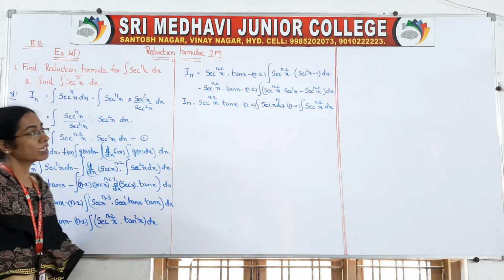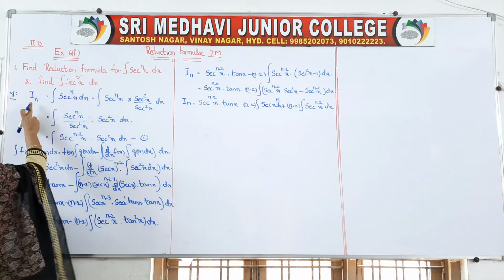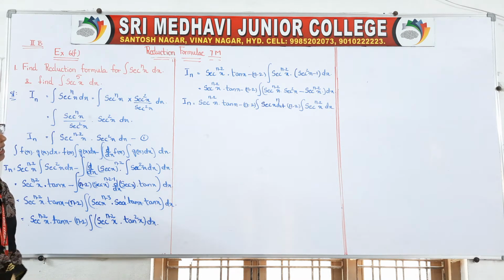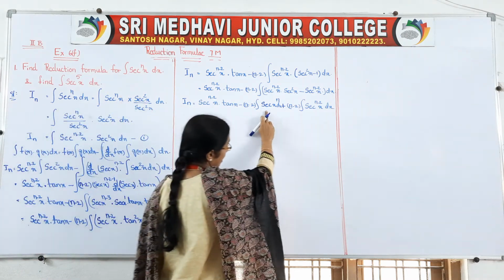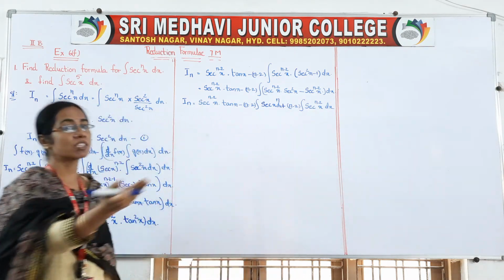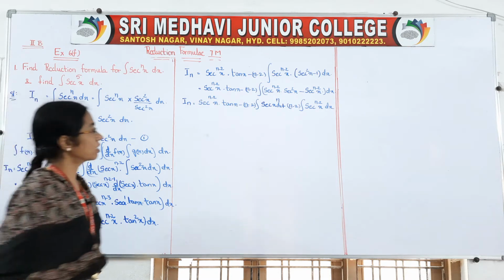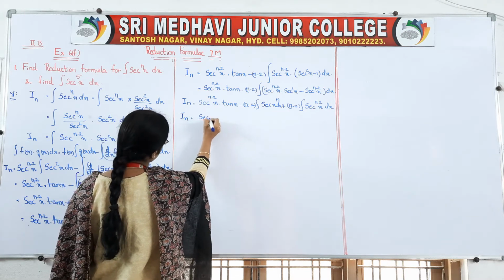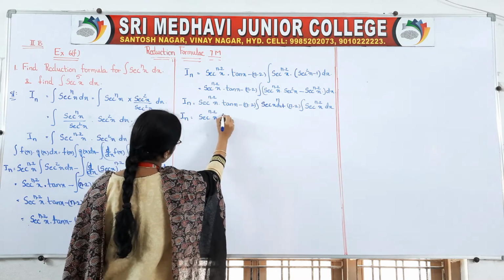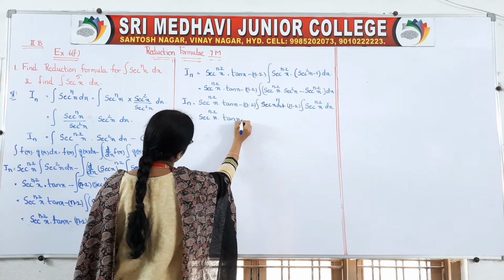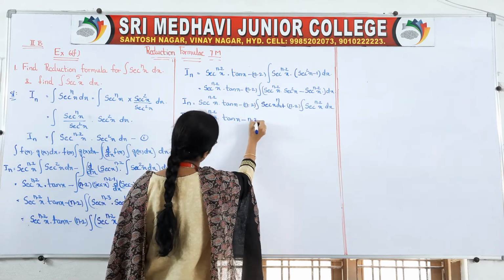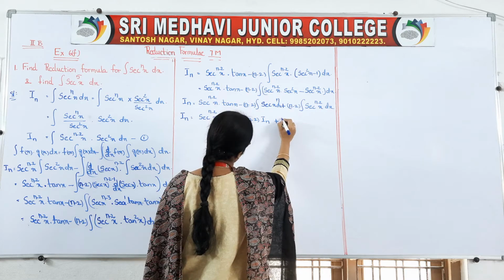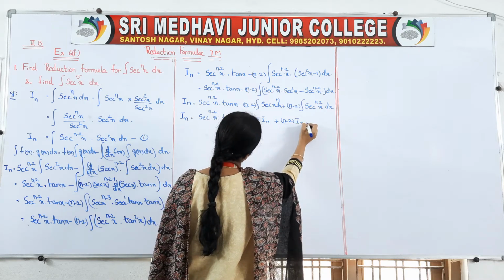So what is this? If here the power is n, we have taken it as In, right? In is the integral of secant x to the power of n. Here we can write In, and here secant x to the power of n minus 2 means In minus 2. So we can write In is equal to secant n minus 2 x into tan x, minus n minus 2 into In, plus n minus 2 into I(n minus 2).